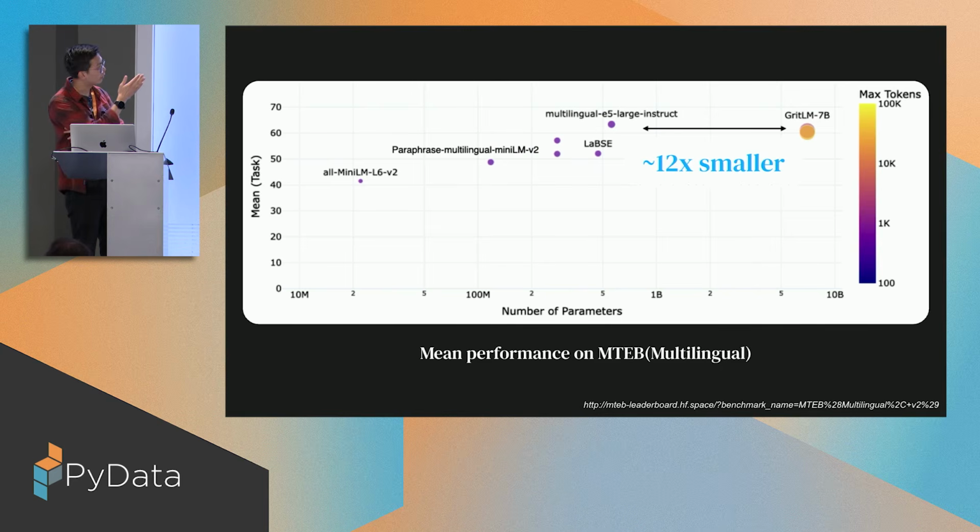And on the right there, we see a model called Multilingual E5 Large Instruct that is around 12 times smaller than the 7 billion model on the right there. But it performs just as well. And this really challenges the assumption that bigger is always better. And it shows that with the right training setup, smaller models can be highly competitive and still be relevant, especially across multiple languages.